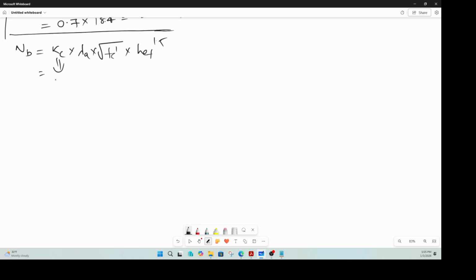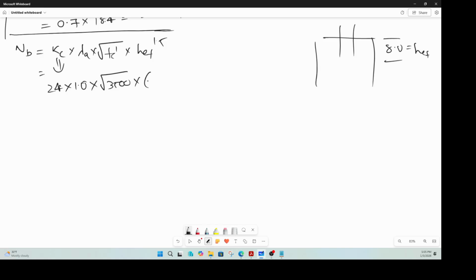Kc we found out that we are cast-in, so 24, lambda a normal weight concrete 1.0, Fc prime 3500 for this problem, hef embedment depth, right? That's the pedestal, that is concrete. Problem statement says hef, effective embedment depth, is 8.0, which is 8.0 to the power 1.5. So the whole thing is 32.127 kips.